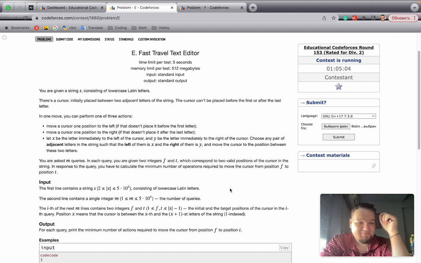That would be a bit more interesting problem, and there shouldn't be any problems with the time limit. It's like 10 to the 8th. We have 5 seconds. Well, I guess I would need 10 to the 8th pushbacks, which is not that great, but I think I will revisit.